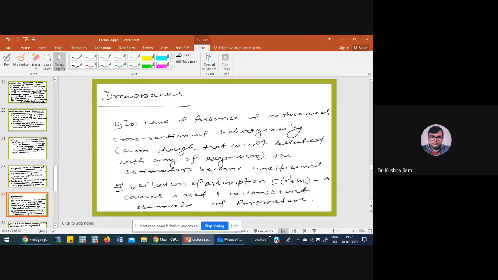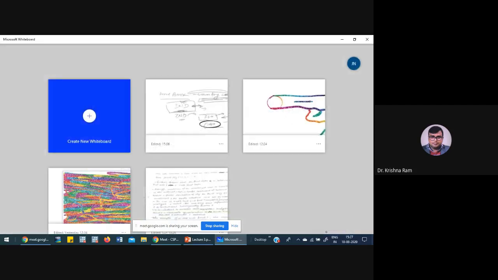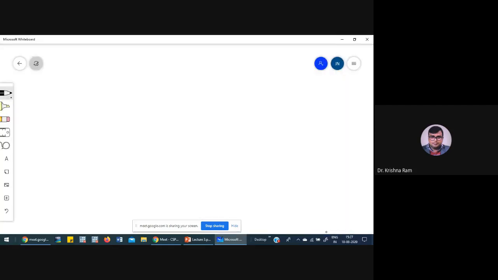So in the presence of unobserved heterogeneity, two conditions arise: either that unobserved heterogeneity is related with the explanatory variables, or it is not. Even if it is not related with any of the explanatory variables, if you use pooled OLS you will get inefficient estimates. But if it is related with any of the explanatory variables, we get biased and inconsistent estimates.